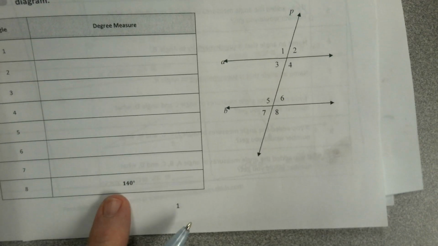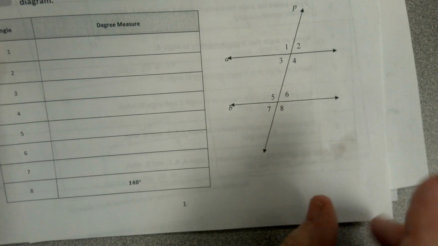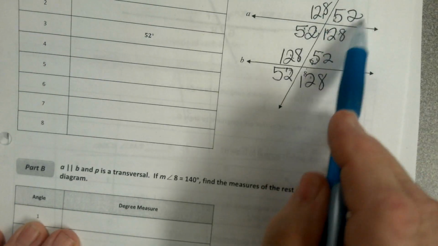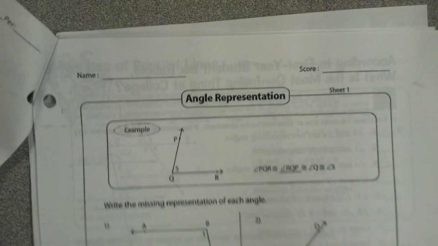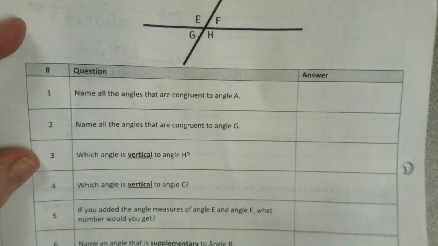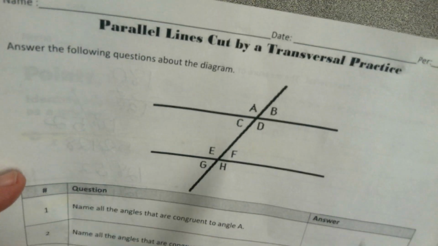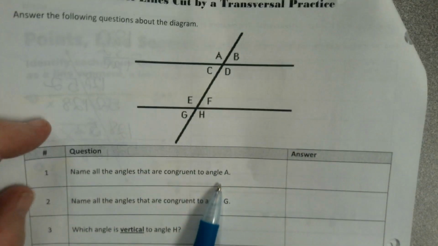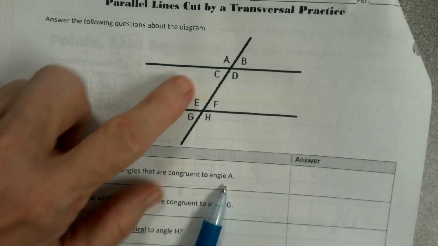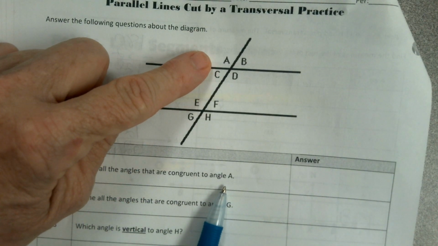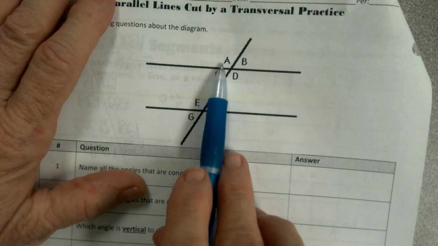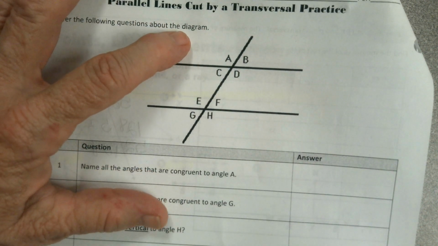Okay. Fill in your number 8. What's that? You can do it there if you want. I'm just going to go through these, make sure that they're right. And I think this is going to be the last one: answer the following questions about the diagram. Name all the angles that are congruent to A. So they want you to identify which angles are congruent to A. Look at A. Which angles are congruent to A?